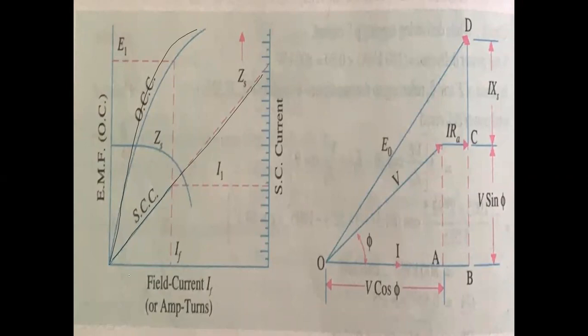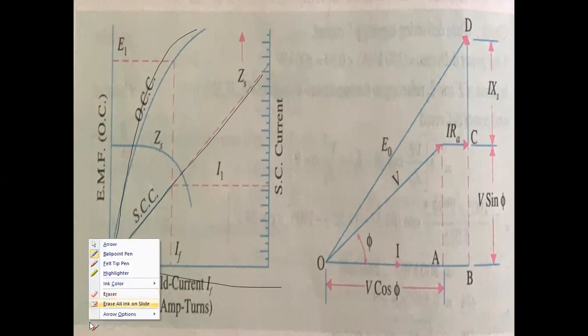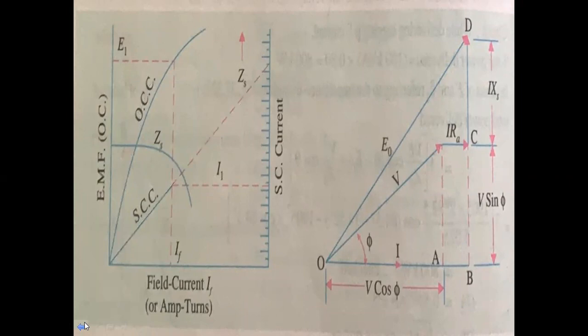This is the common current base for both OCC and SCC. Now I am considering the field current IF. The OC voltage corresponding to this field current is E1.